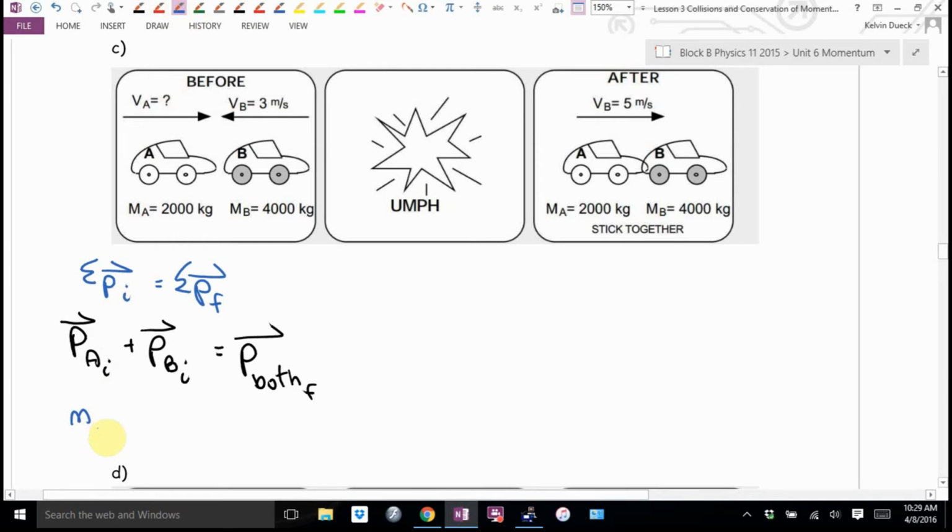Mass times velocity. So momentum of A at the beginning is going to be mass A, VA at the beginning, plus momentum of B is going to be mass B, VB at the beginning, equals MA plus MB, V final. Right?